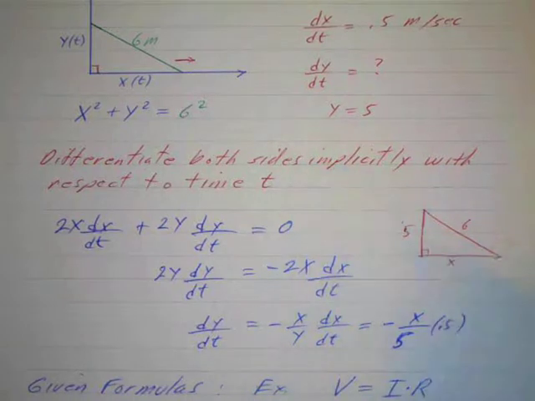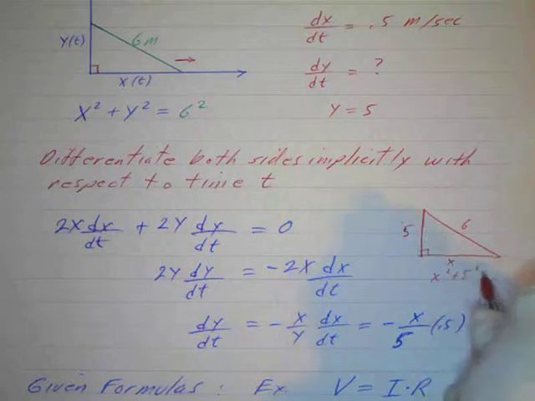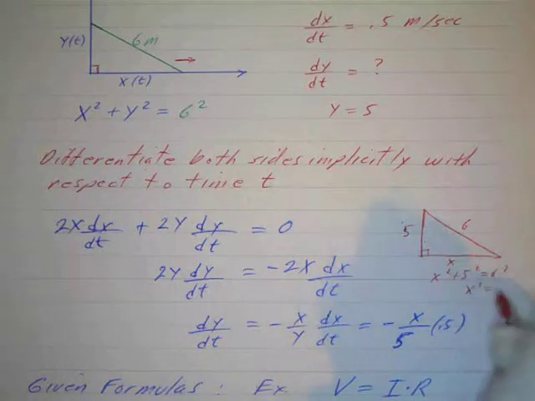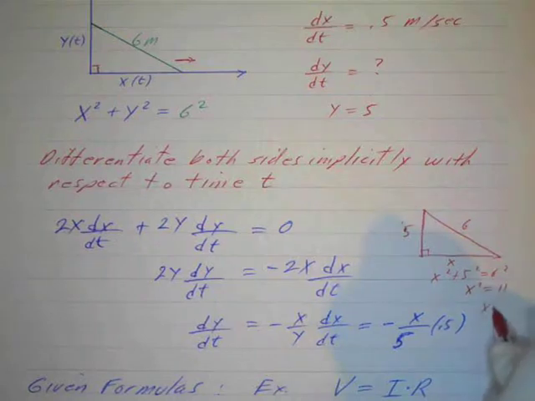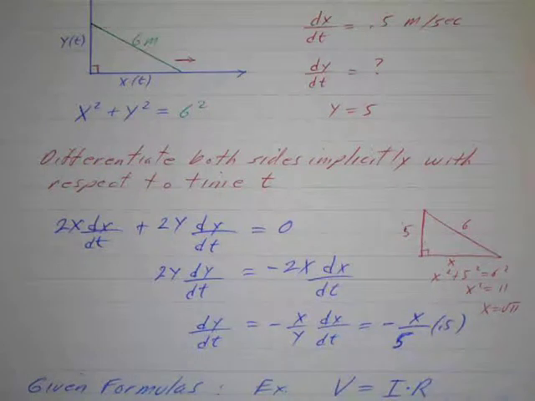Yeah, I can use the Pythagorean theorem, so I know that x squared plus 5 squared equals 6 squared. So x squared equals 36 minus 25, which is 11. So x equals the square root of 11. So now we can just put that in, and then you'll have your solution.